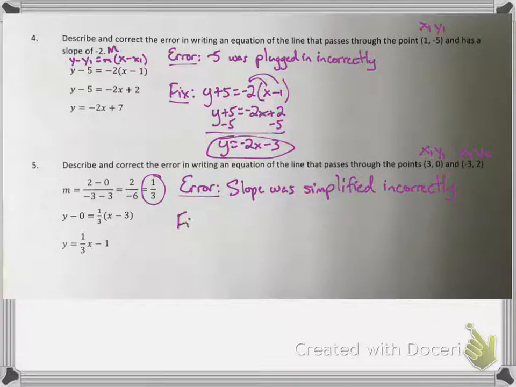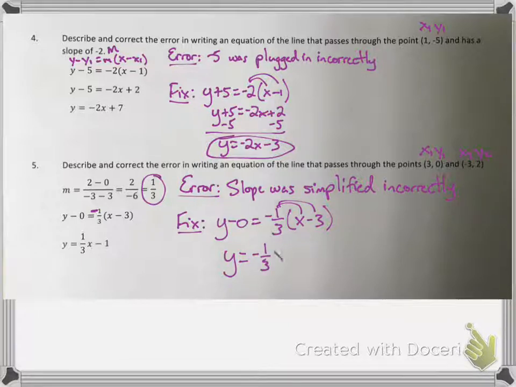So we're going to fix it. Instead of having positive 1/3, we're going to make sure it's a negative 1/3. So I'm going to write out here in point slope form, y minus 0 equals negative 1/3 times x minus 3. Because the point was plugged in correctly, that wasn't the issue. The slope, though, should be negative, not positive. The difference it's going to make is this. So we know it's going to be y on the left side, because again, minus 0 does nothing.